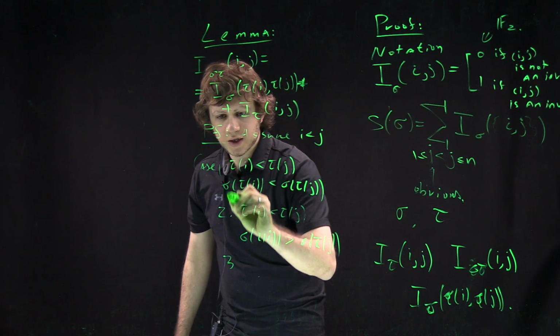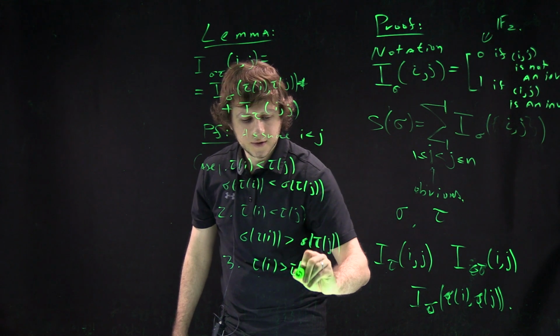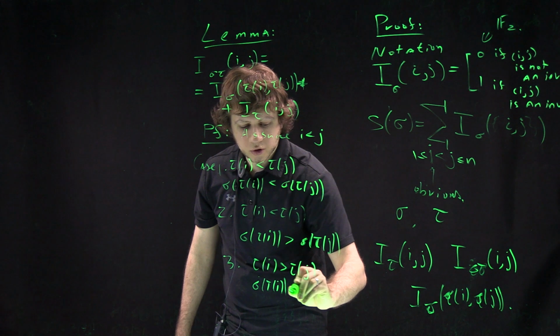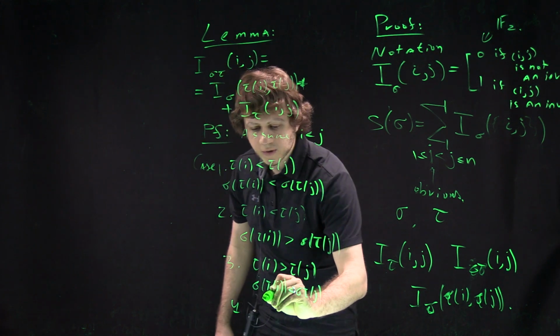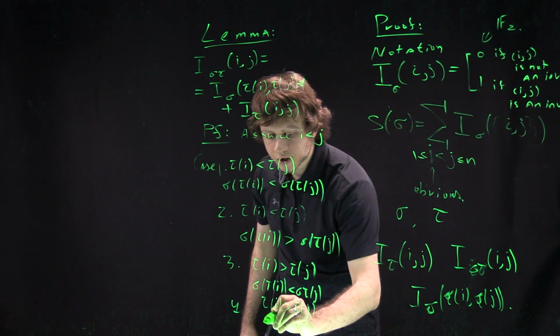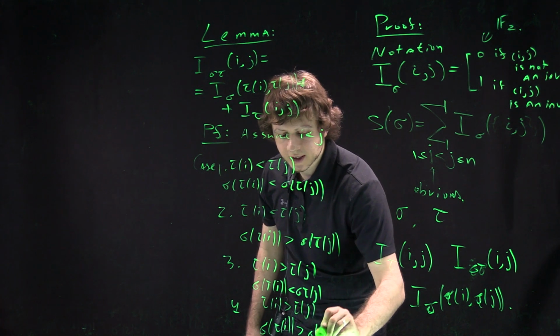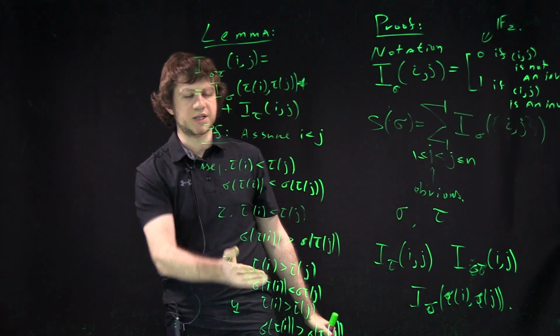Case 3 is tau of i is bigger than tau of j, but sigma of tau of i is smaller than sigma of tau of j. And finally, case 4 is when both are bigger. So these are just all four logical possibilities for what happens with these inequalities, because two inequalities can go in one of these ways.